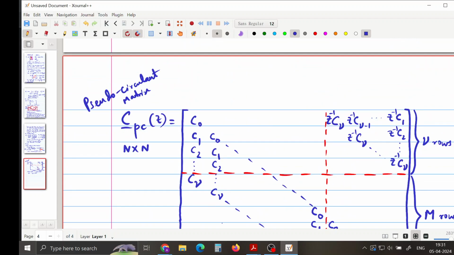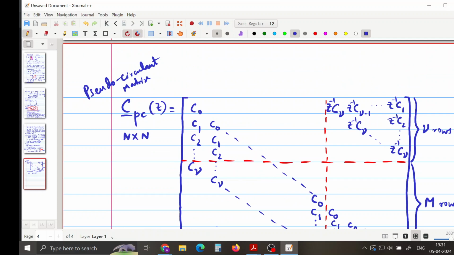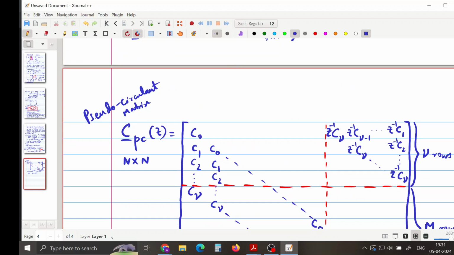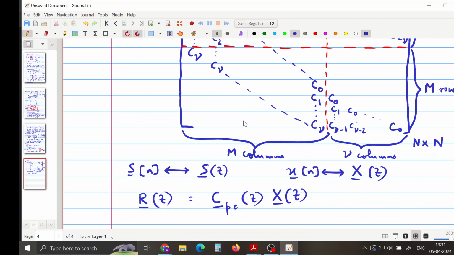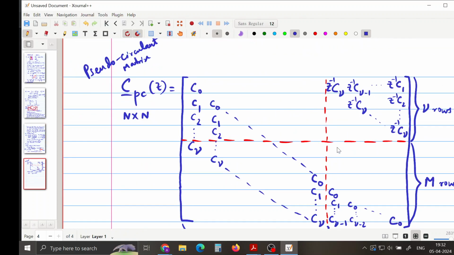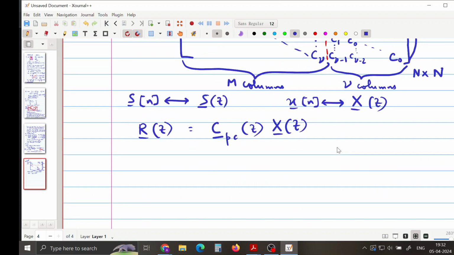As I was saying, due to the special structure of this matrix, if you multiply C PC of Z with x of Z, you can take the Z transform of this vector. Then it ensures that you have a memoryless input output relation, meaning that your r of i will depend only on s of i.